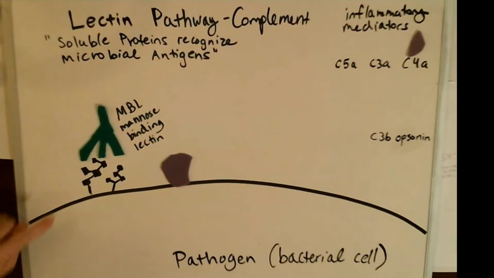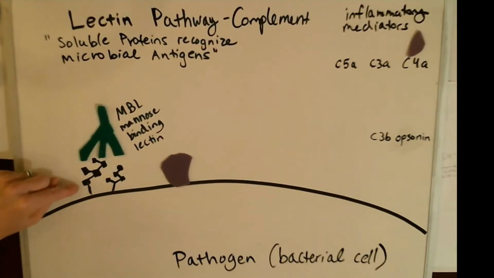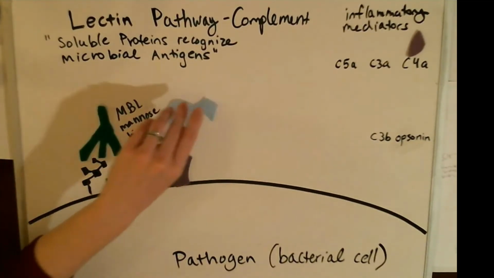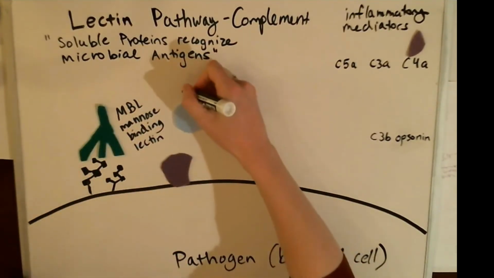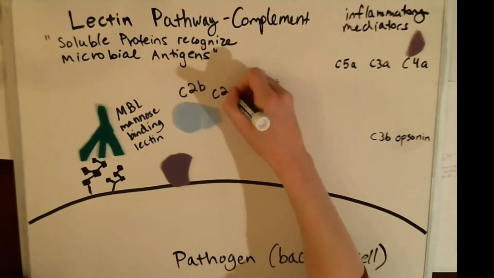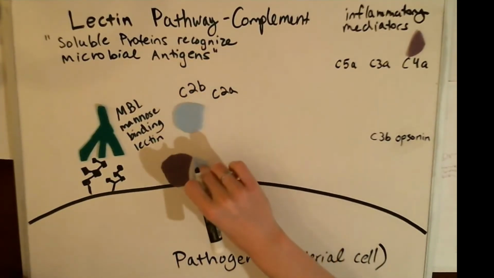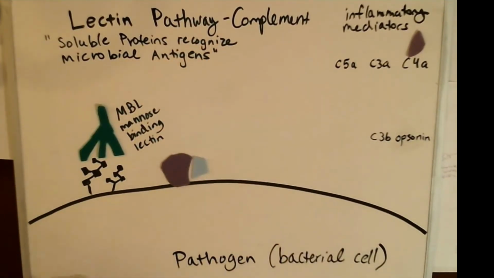You know, we rely on carbohydrates. This initiator complex is called MBL or ficolin, binding those sugar residues, the mannose on the bacterial cell surface. After that, we've got C4, then we have C2 coming in. So C2 is going to be cleaved into C2b, C2a. C2a is the one that comes down here, whereas C2b diffuses away.